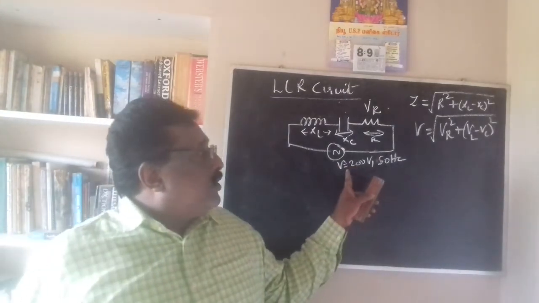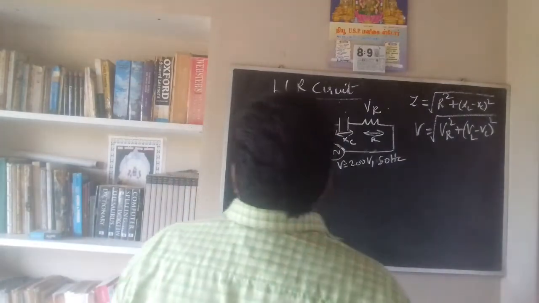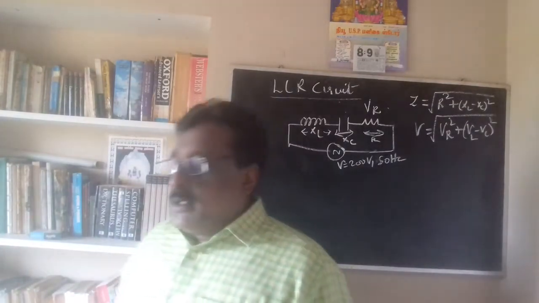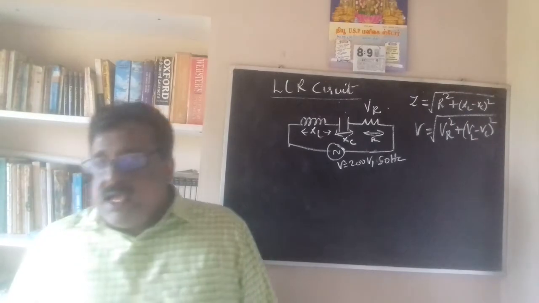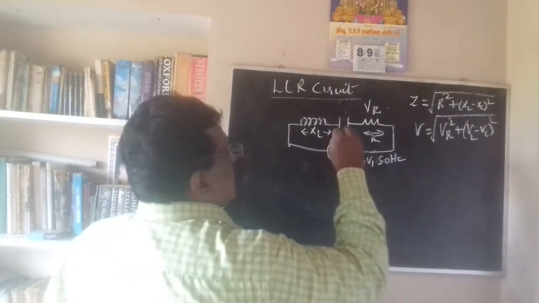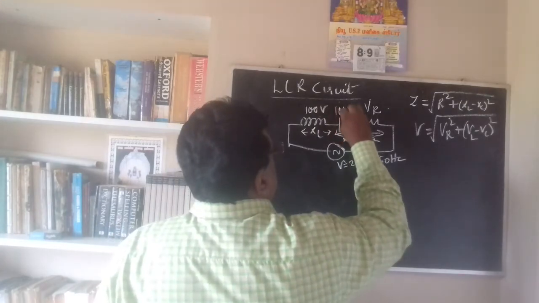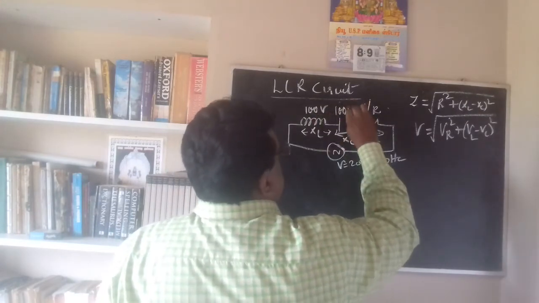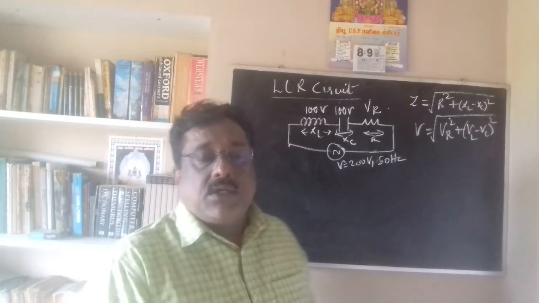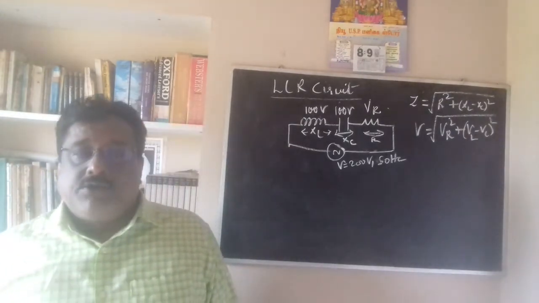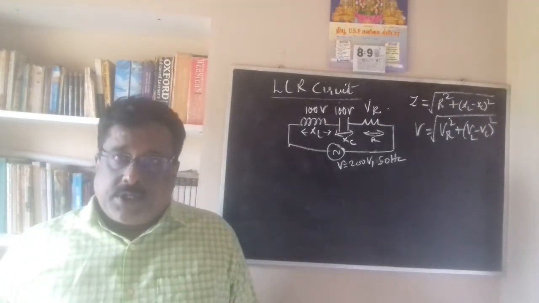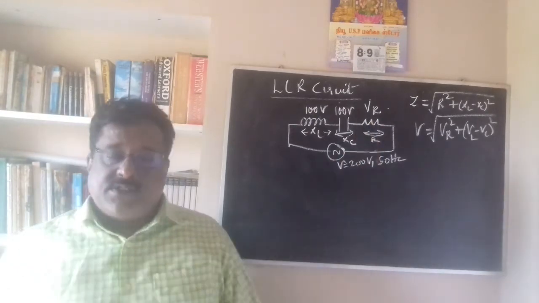So here 200 volt is applied, and 50 Hertz is the frequency. Suppose it is given in the problem that the voltage drop across the inductor is 100 volt and across the capacitor is 100 volt, and they are asking you to find the potential drop across the resistance.